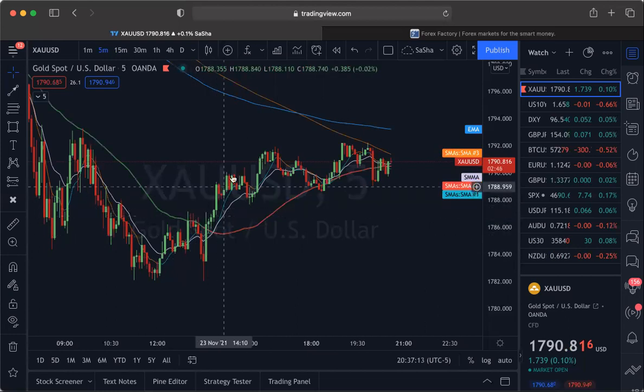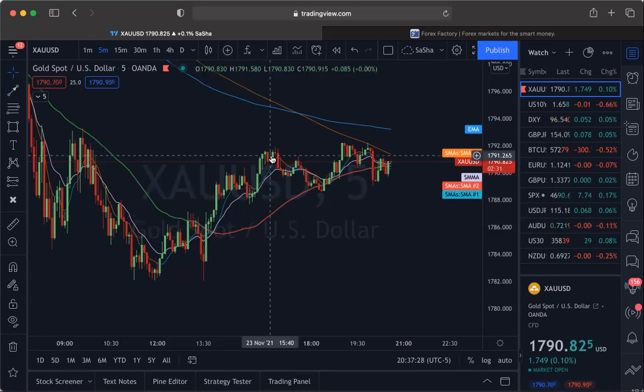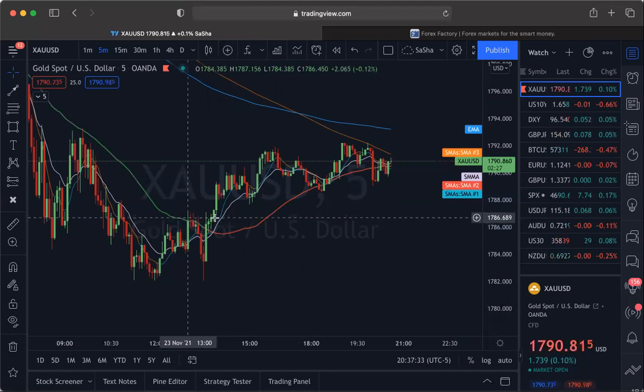On a smaller time frame, it moved up and then came back down to retest this area, moved up again, and then here, and then again a little higher, but it did not come back to retest this 1786 area. That's why I'm saying that this complete move up should come back down a little bit more to retest this area to give me a break of structure retest.